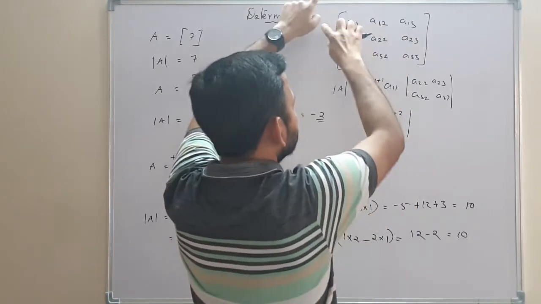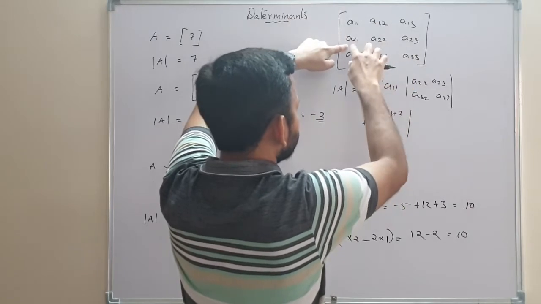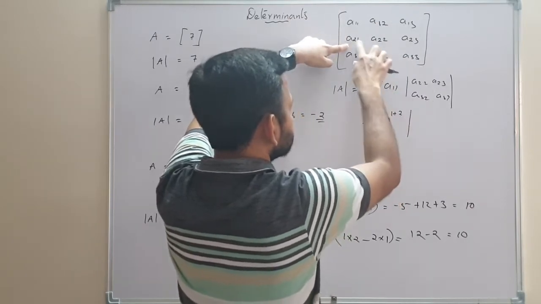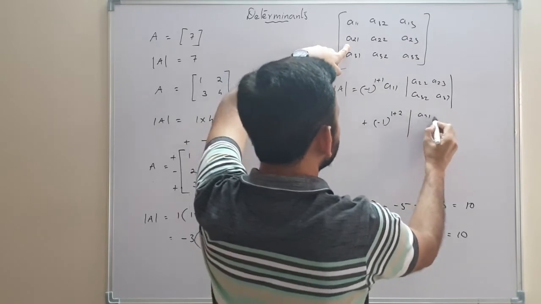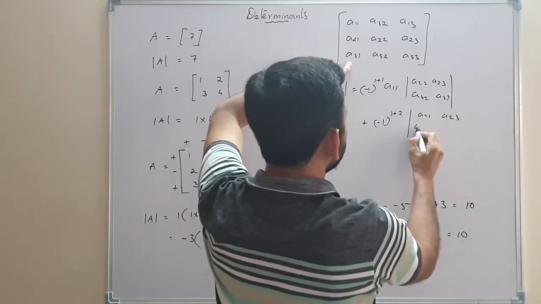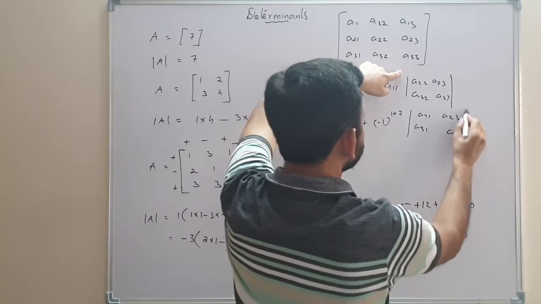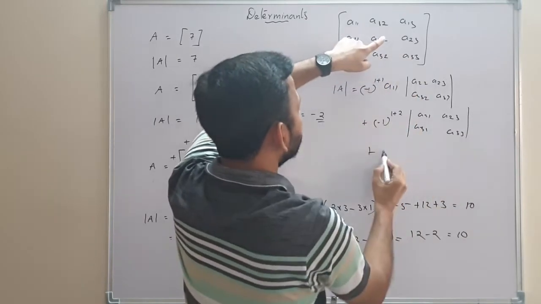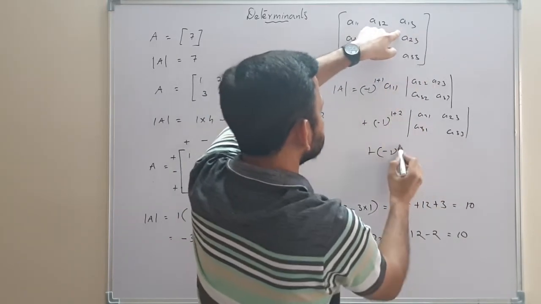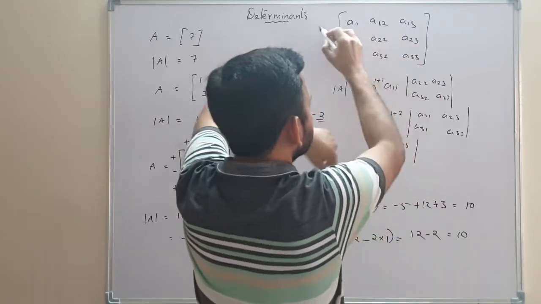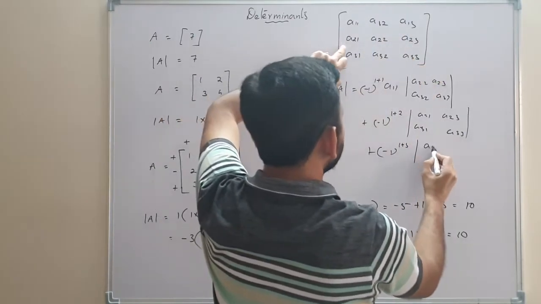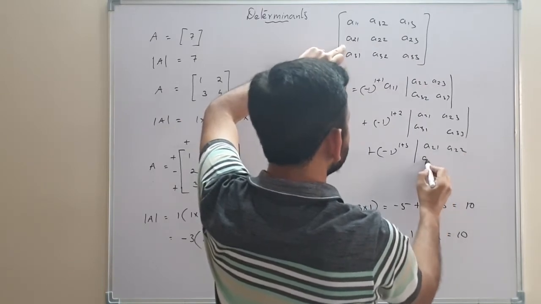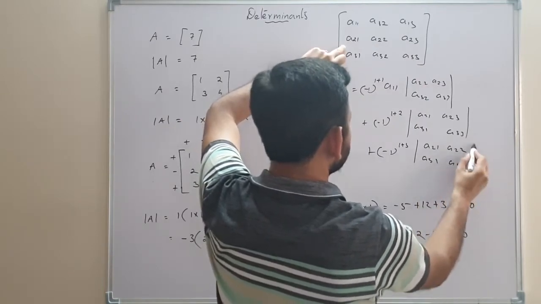Then again deleting, then we have 4 elements, diagonal-wise their product, or in determinant symbol A21, A23, A31, A33. Plus minus 1 raised to 1 plus 3, then deleting, then its determinant A21, A22, A31, A32.